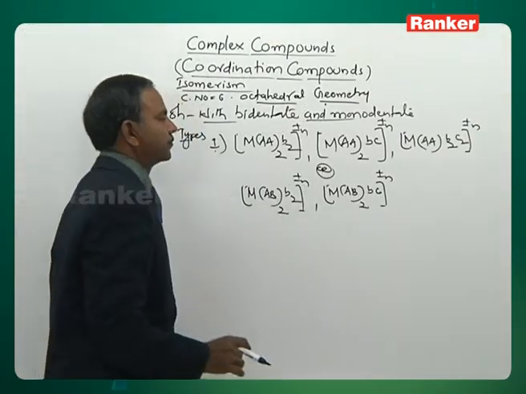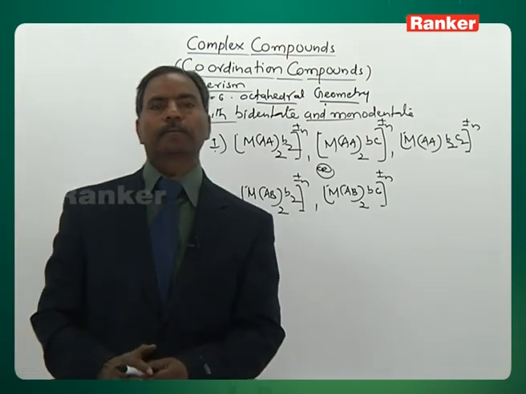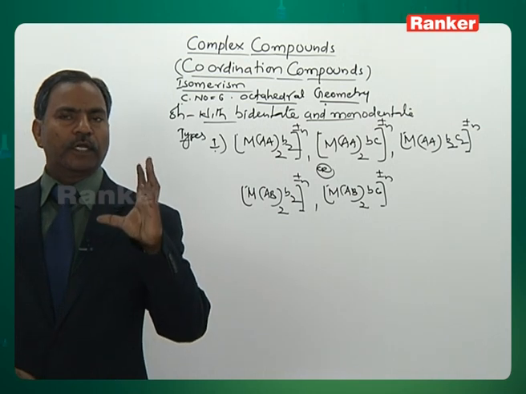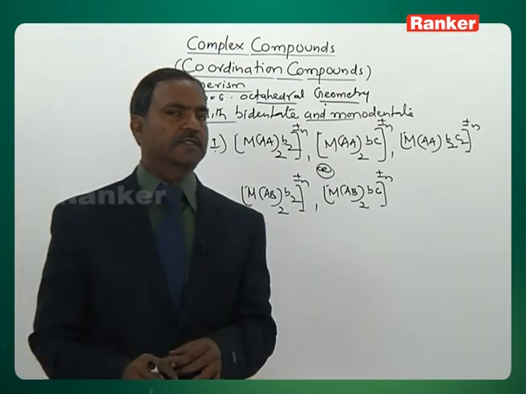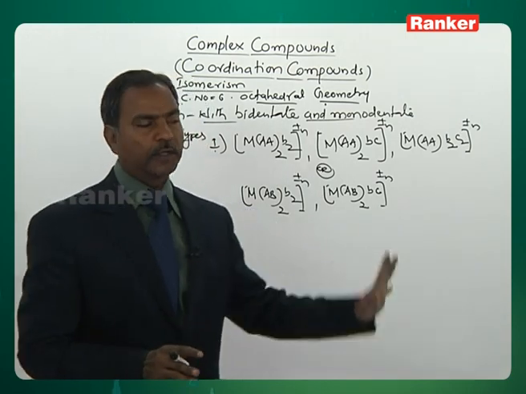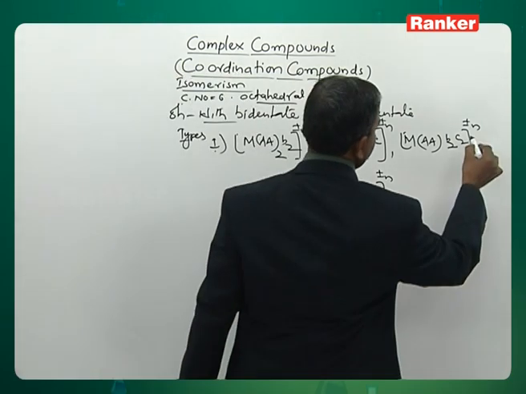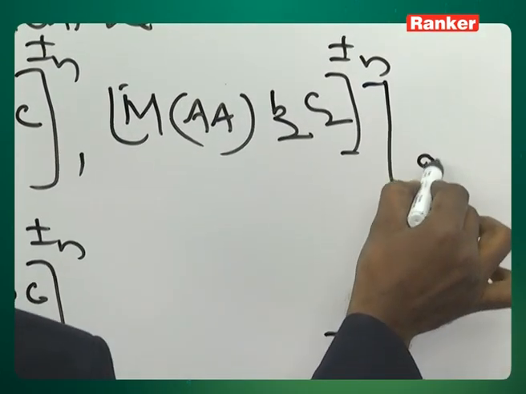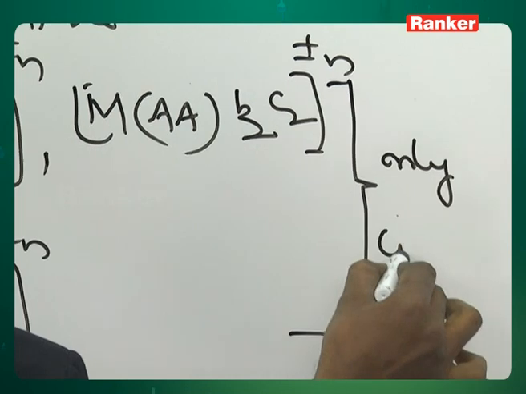See, one thing is important here. In all these particular complexes, only cis isomers are optically active but not trans. Let us write that particular point here. Only cis isomers are optically active.